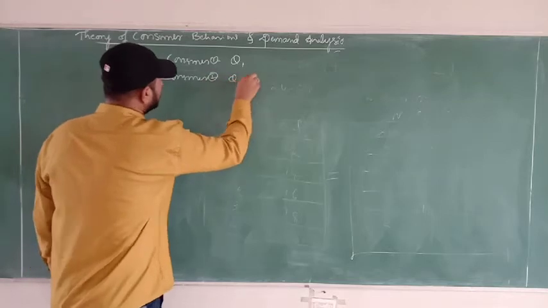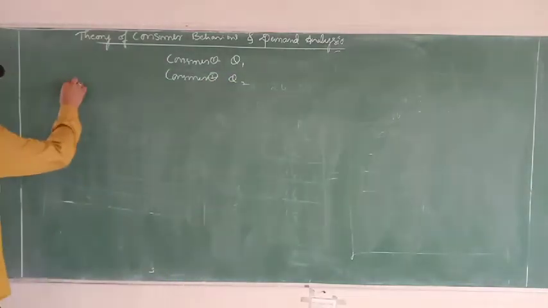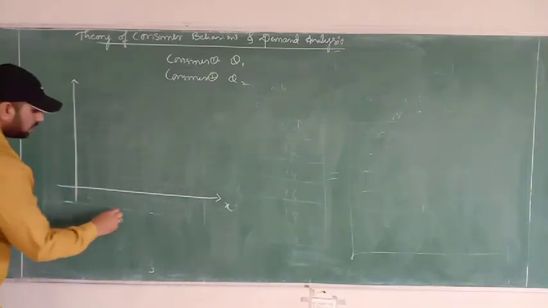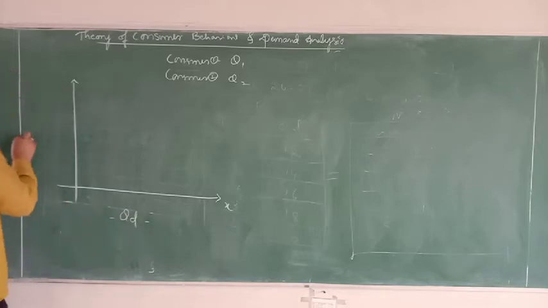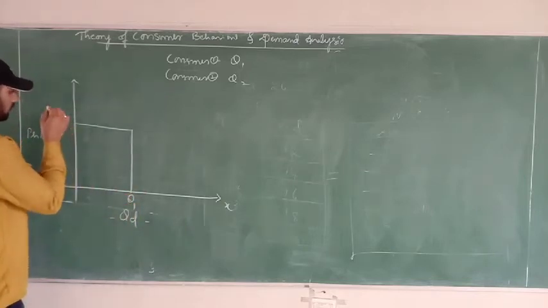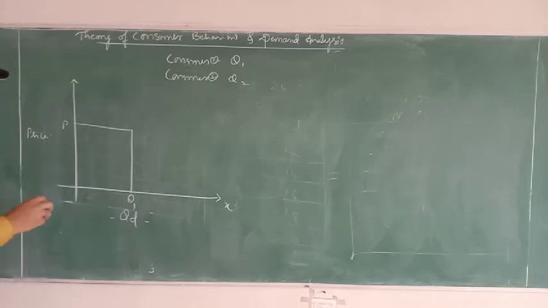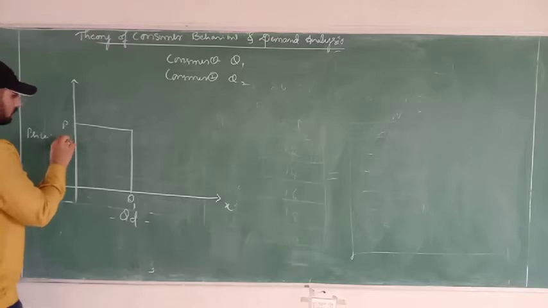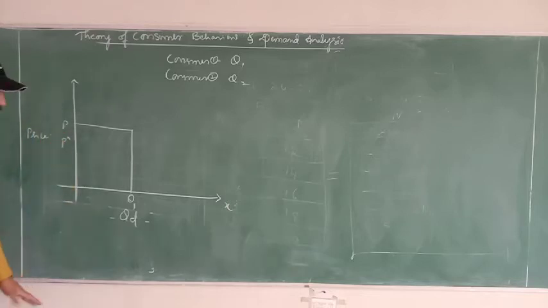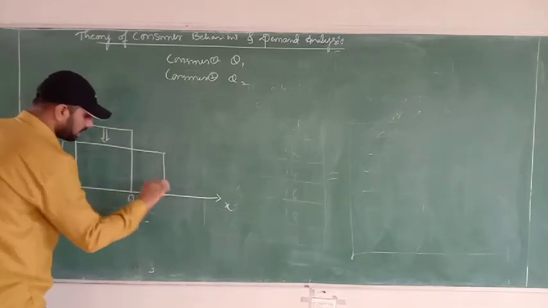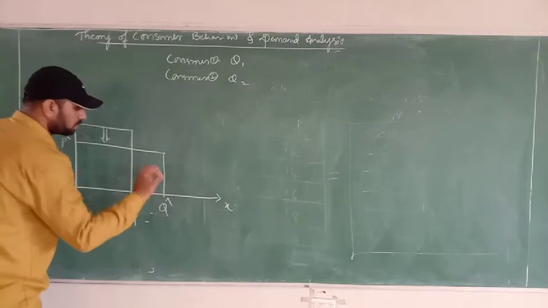and consumer 2 has Q2. In this diagram on the x and y axis, we have taken quantity demanded here and price here. For a particular price P there is a particular demand Q1. If the price falls from P to P hat, or lambda, we can call it, then generally when price decreases, demand increases from Q to Q hat.